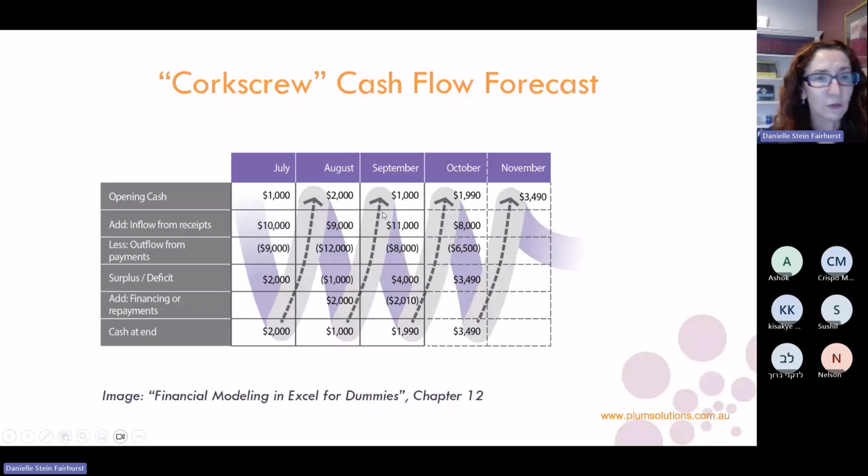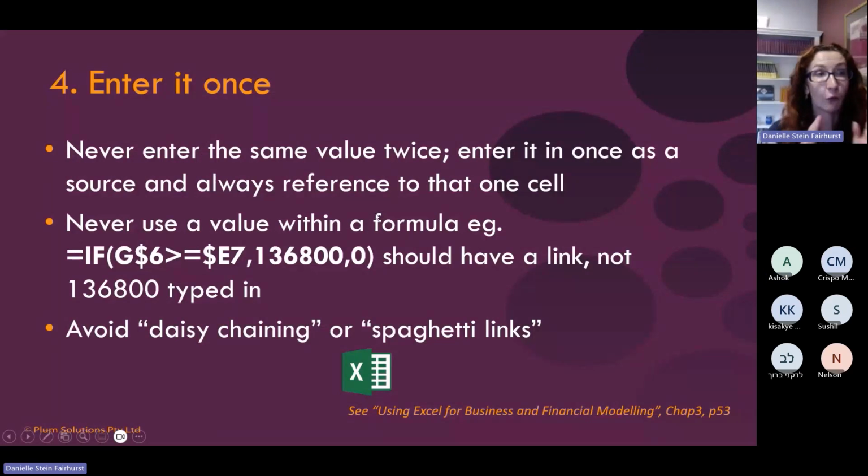All right. So moving on to number 4 point of best practice: never enter the same value twice. Now I know this sounds really silly, but very often you'll have an input, like, for example, inflation, and you might enter that a couple of times in the model.